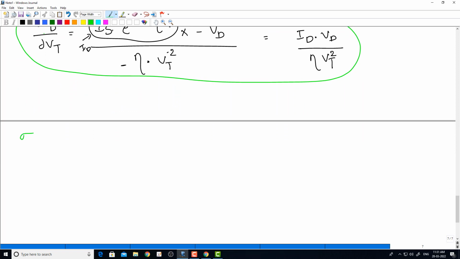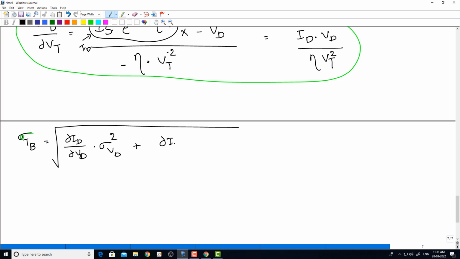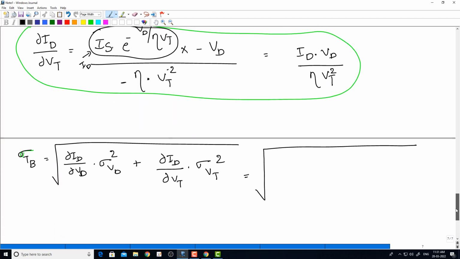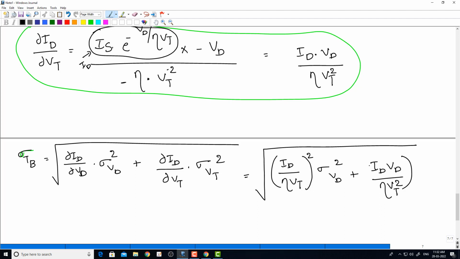That is, sigma Id is equal to root over dou Id by dou Vd into sigma Vd, whole square, plus dou Id by dou Vt into sigma Vt, whole square, which is equal to: dou Id by dou Vd is Id by eta Vt, into sigma Vd, whole square, plus dou Id by dou Vt is Id into Vd divided by eta Vt square, whole square into sigma Vt square.